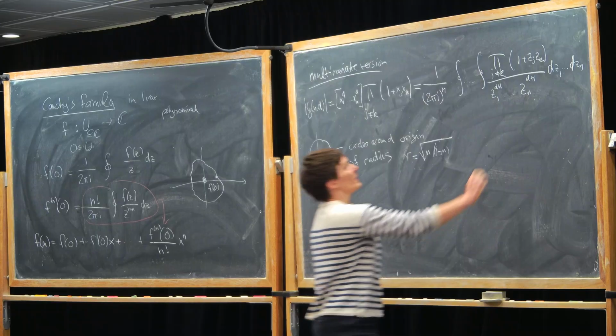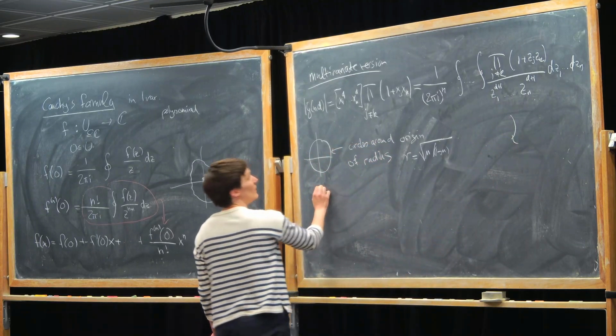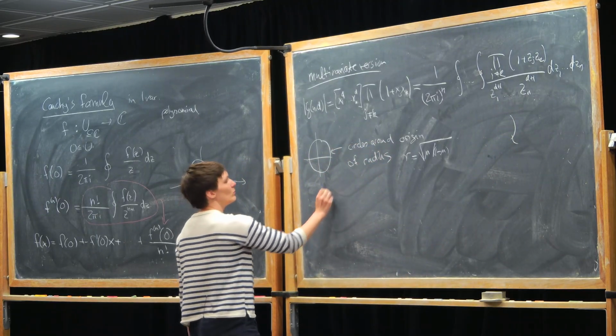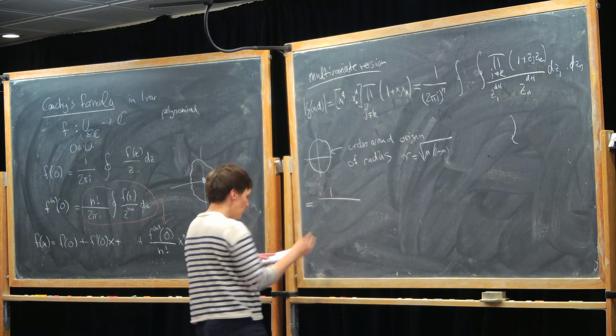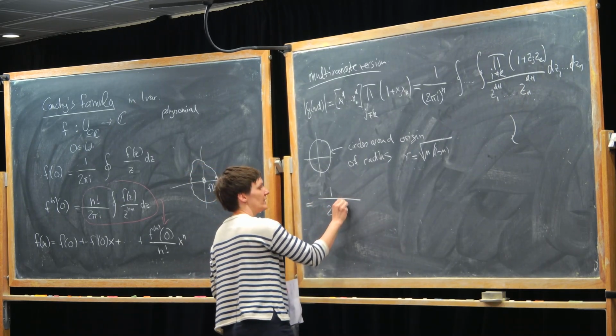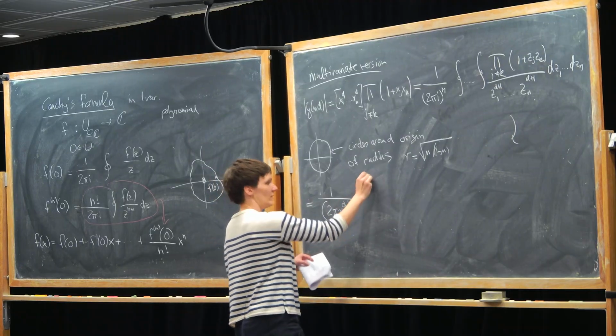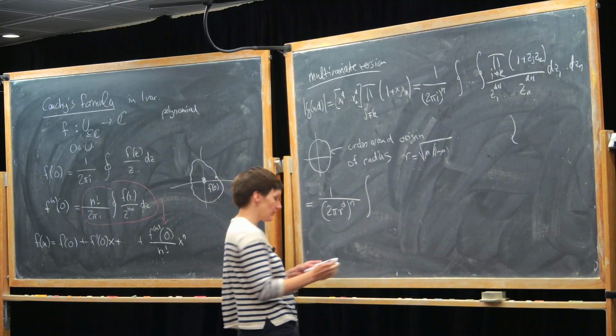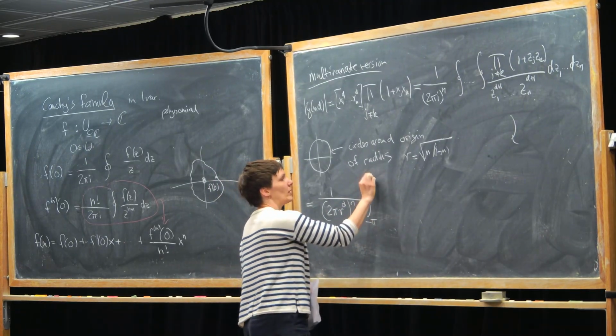And then if you do that reparameterization, you get that this is equal to 1 over 2 pi r to the d to the n times an iterated integral from minus pi to pi.